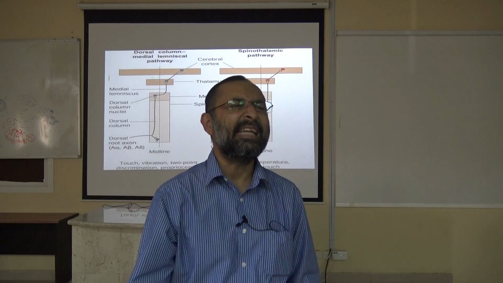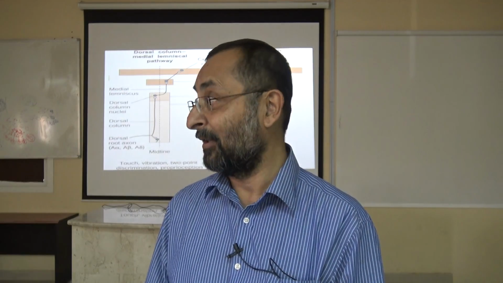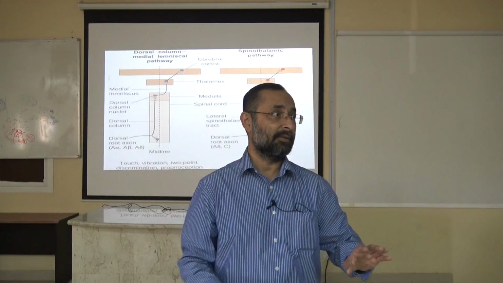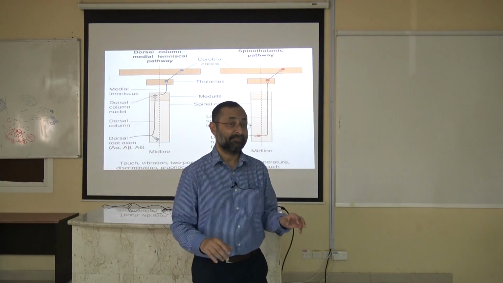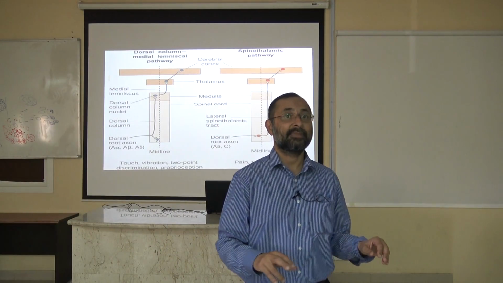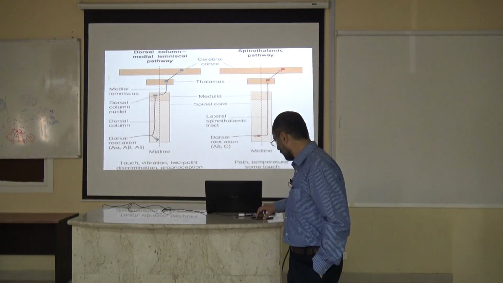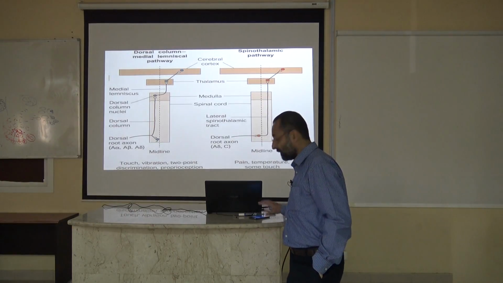Where do you have the least? Sole of the foot is still not bad really. The terminal parts of the body, extremities, are good, both upper and lower limbs. Some other area, yeah. What do you say?